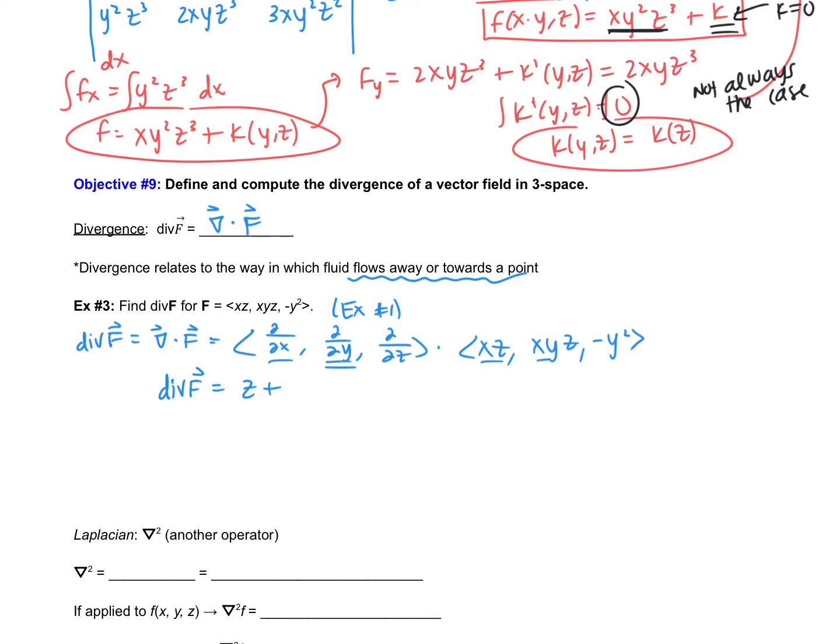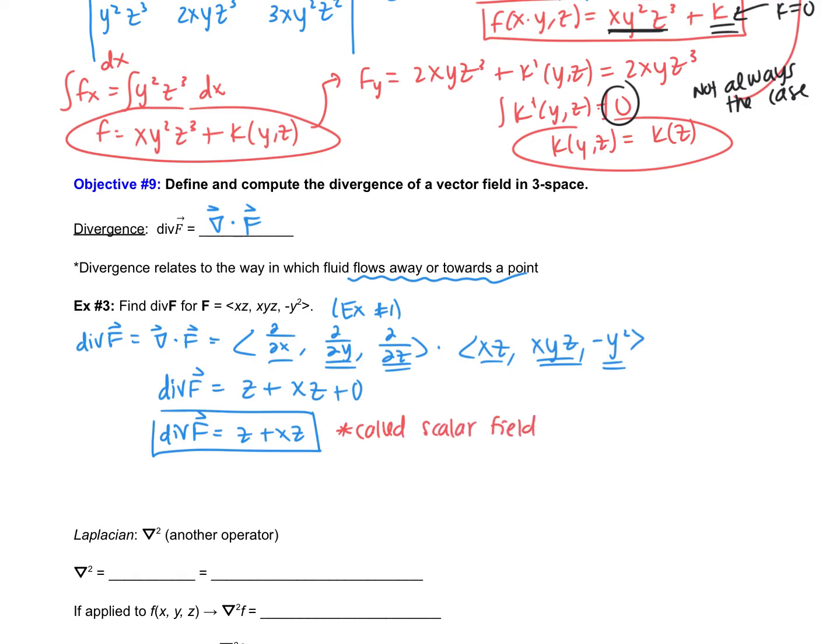Partial with respect to y ends up being xz. Partial with respect to z ends up being 0. So divergence of f ends up being z add xz. This quantity right here is called a scalar field. You're going to see that moving forward in your homework, but that's called a scalar field.